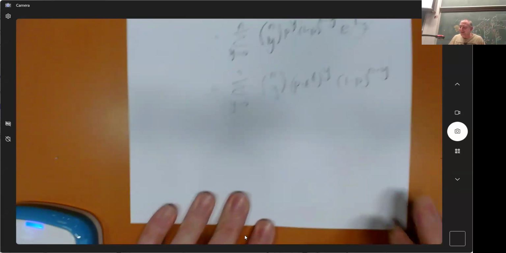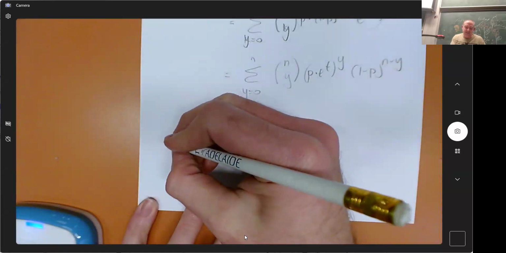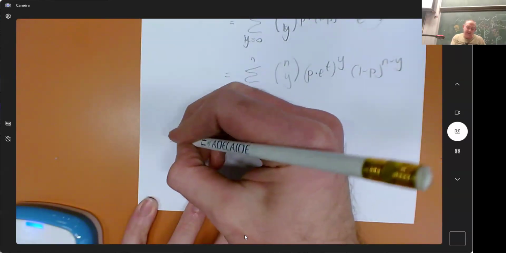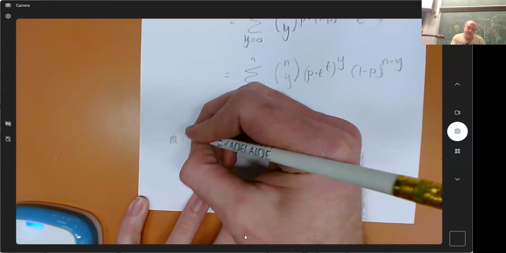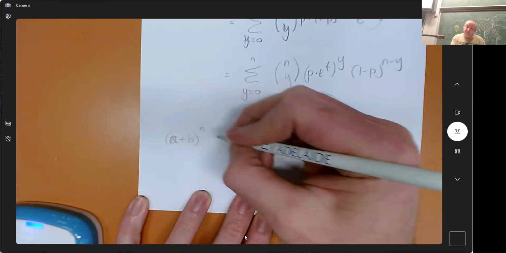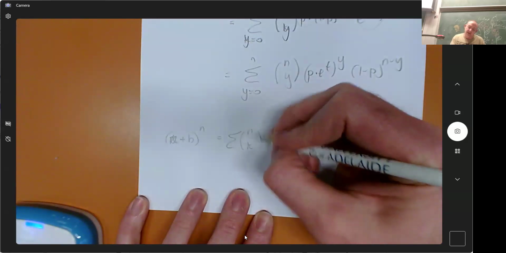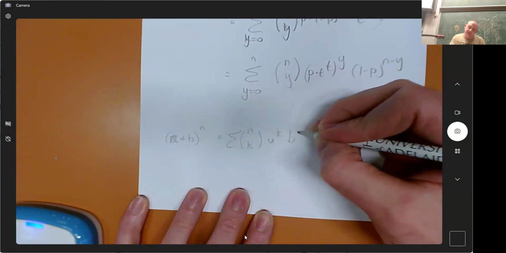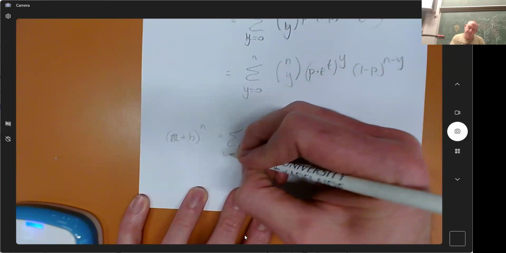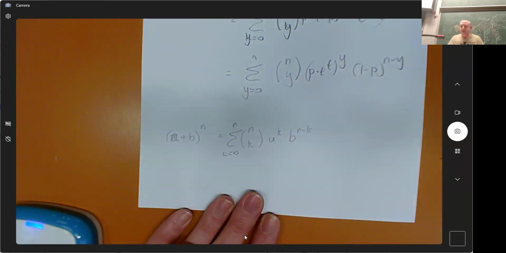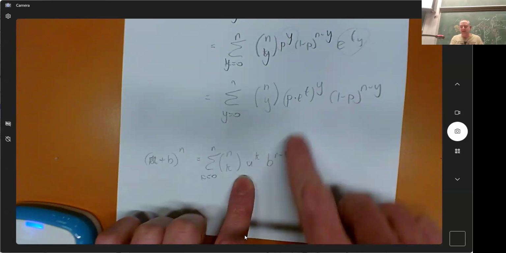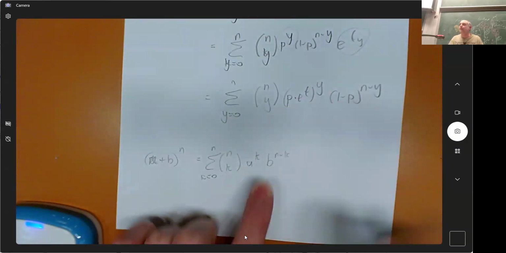When you expand out (a plus b) to the n, you get the sum of n choose k, a to the k, b to the n minus k. And that's exactly what I've got, where a is p e to the t and b is 1 minus p.